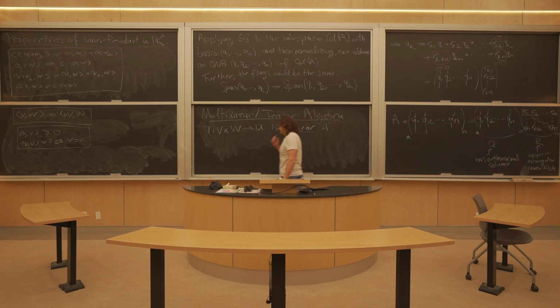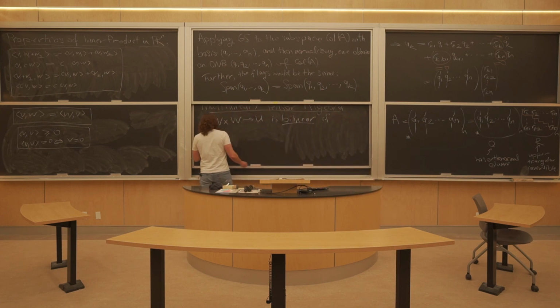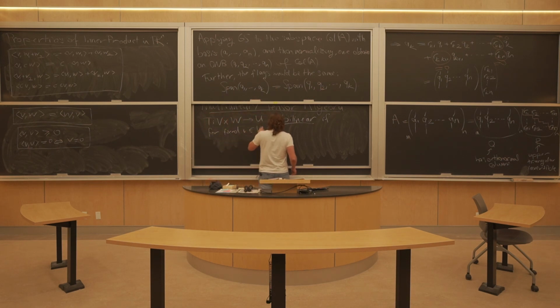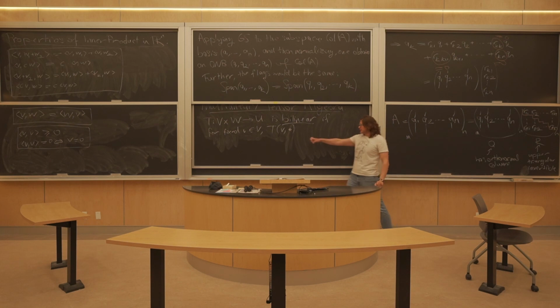if for fixed v in V, so now I fix the first entry so that this now is a transformation from W to U, I want that to be linear.